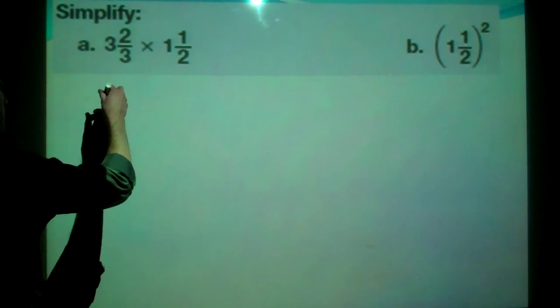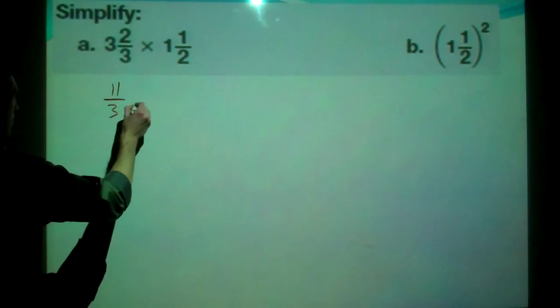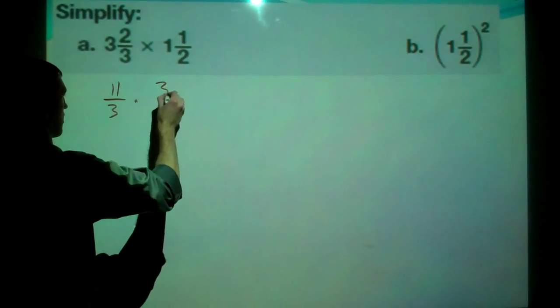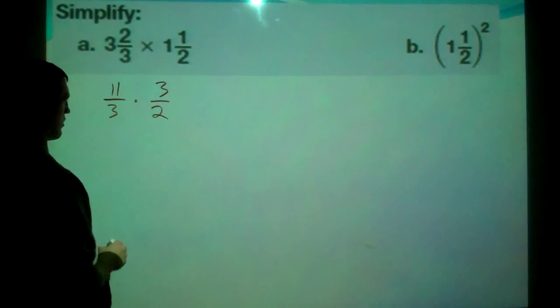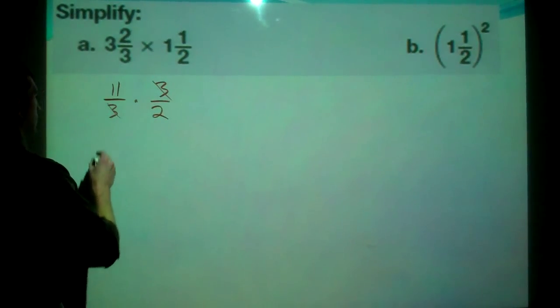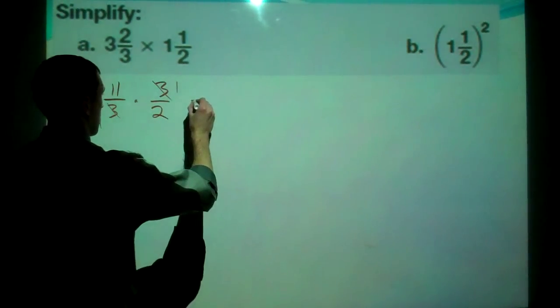3 times 3 is 9, plus 2 is 11, all over 3. 2 times 1 is 2, plus 1 is 3, so 3 halves. So we're going to multiply straight through. Those will cancel out, and we've got 1 and 1. So we have 11 over 2.